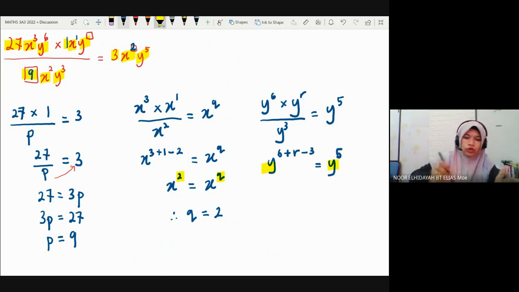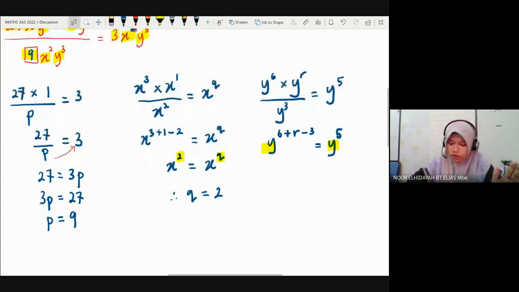So to find the value of r, you just compare the index. So you have 6 plus r minus 3 is equal to 5. 6 minus 3 is 3. So r plus 3 equals 5.